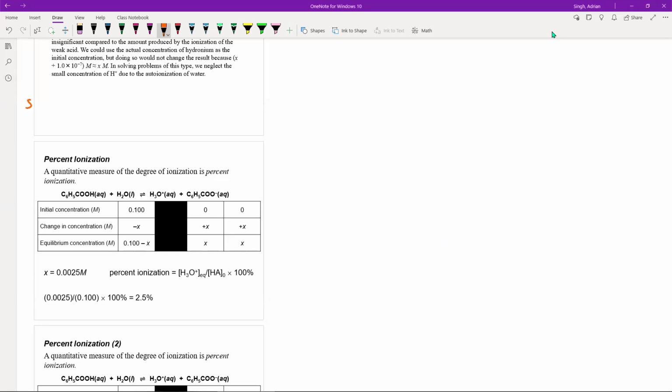So recall that a strong acid ionizes completely, whereas a weak acid only ionizes partially. Why we're able to use an equilibrium system and equilibrium principles to study weak acids. And then the degree to which a weak acid ionizes is a measure of its strength.